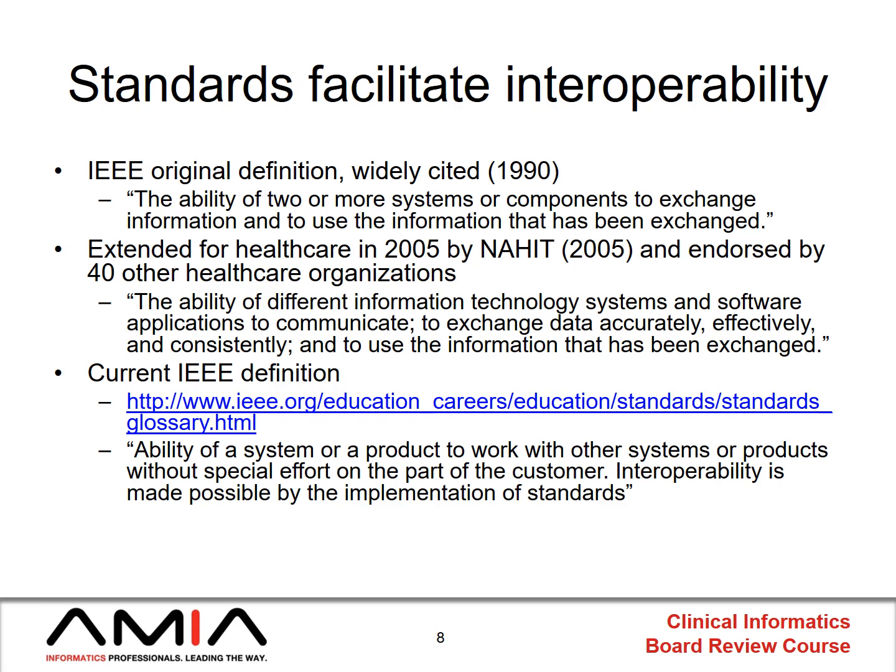The IEEE has updated its definition of interoperability and now defines it as the ability of a system or a product to work with other systems or products without special effort on the part of the customer. Interoperability is made possible by the implementation of standards.